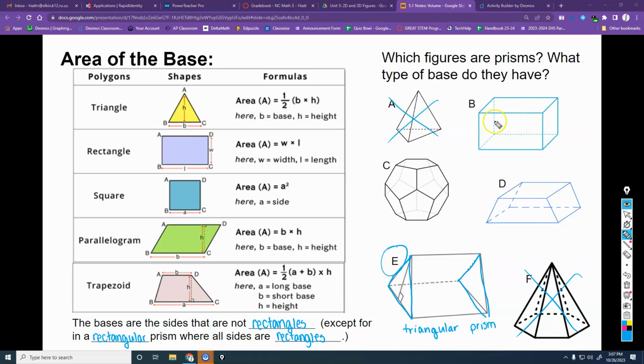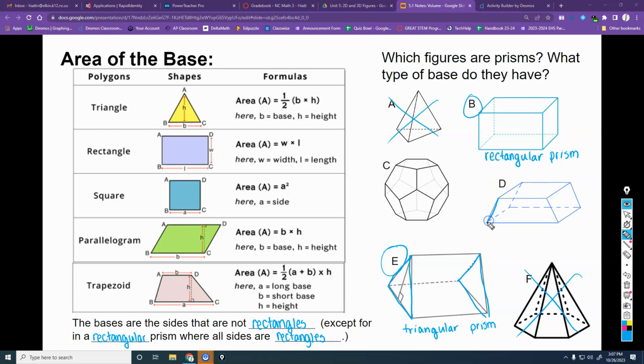B right here, everything is rectangles. The ends right here look like they're probably squares, but we don't know that for sure, and all the sides are rectangles. This would be called a rectangular prism, which is just a box there. And D is also a prism.